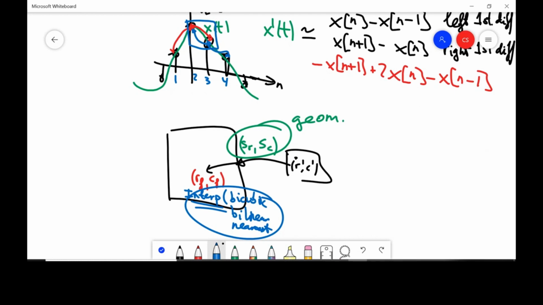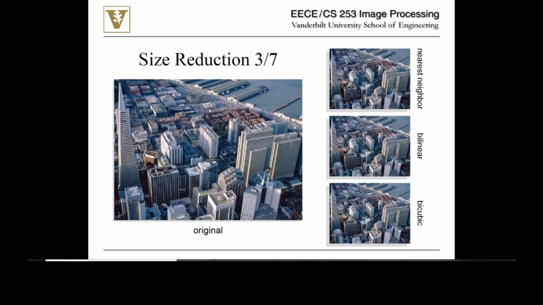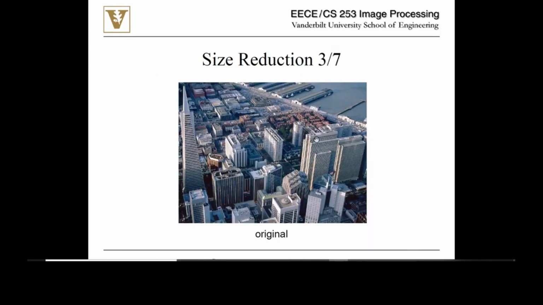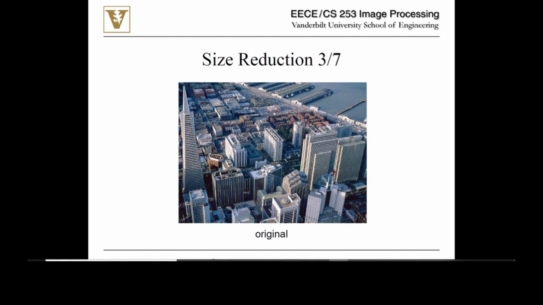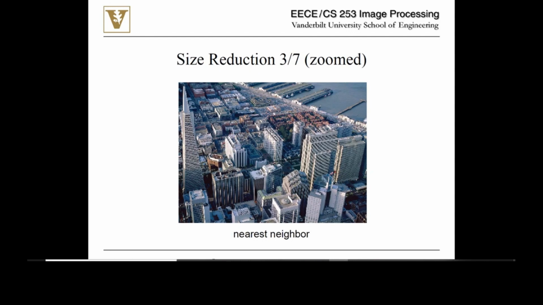Okay, here we have an image with nearest neighbor interpolation, bilinear, bicubic. This is the original, this is nearest neighbor, and you can see it is pretty bad, especially here at the buildings. You can see the windows of the buildings. They are really badly represented. What is this effect? Aliasing.